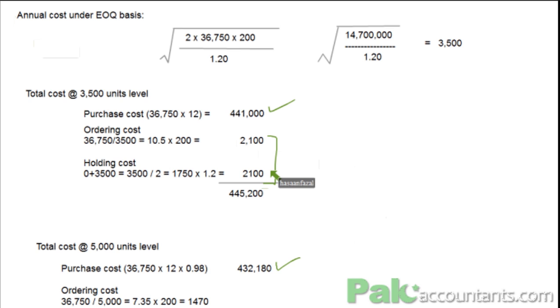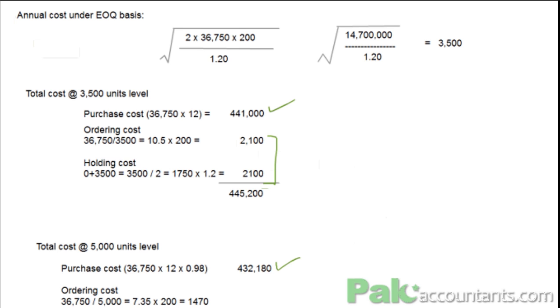There will be a minor difference between these two amounts, but most of the time the total ordering cost and total holding cost for a period will be almost the same. And that's where your total cost of ordering and holding will be at its minimum.